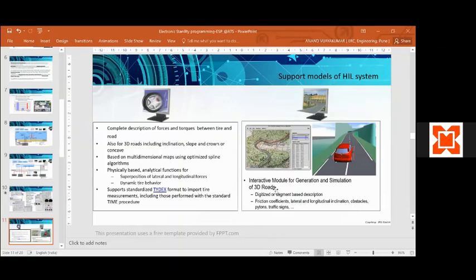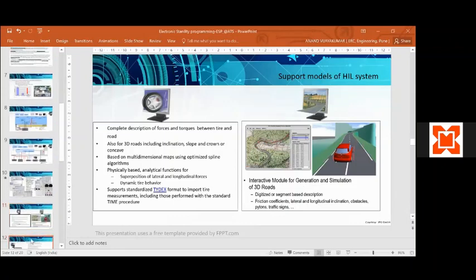Currently the models are so sophisticated that we can convert Google Maps. For a particular track or particular city driving conditions, we can very well take out the pattern of that particular road and convert it, so we can have more accuracy in the road simulation. So that is also one of the important aspects.